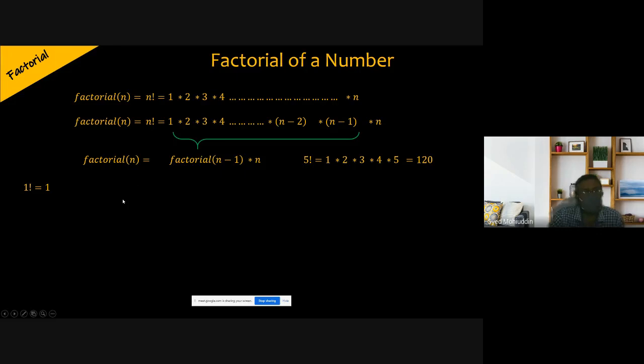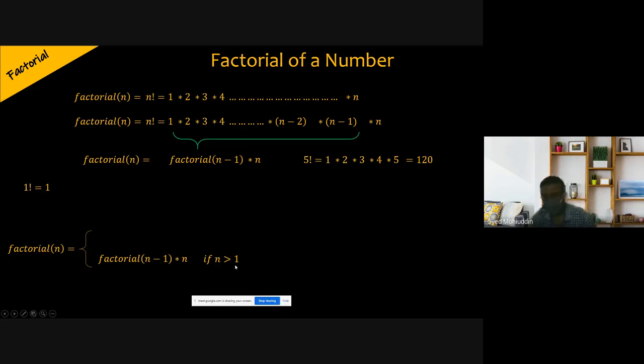We are not going to go into negative terms, but let us say factorial of n will be factorial of n minus 1 multiplied by n when n is greater than 1. And when n is equal to 1, that is, factorial of 1 will be 1, that is when n is less than or equal to 1.